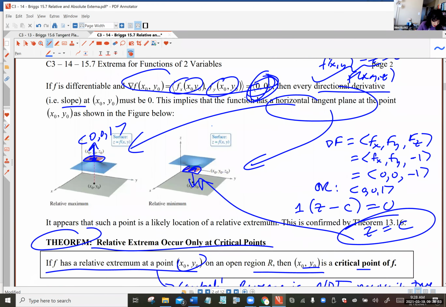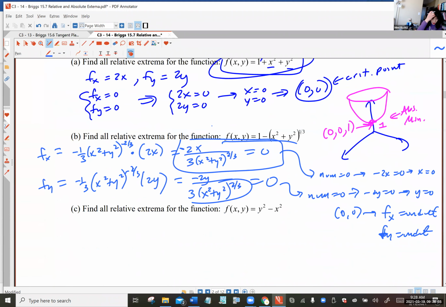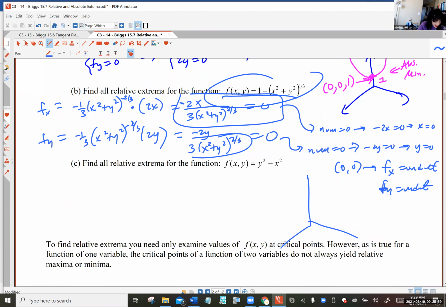So what? Well, is this a max or a min, or what is it? If you graph this surface, it's kind of a cool looking surface. It kind of looks like one of those Hershey Kiss candies. I don't know if you guys are into chocolate candies. And so the critical point occurs at the point 0, 0, and that's at the point 0, 0, 1 here.